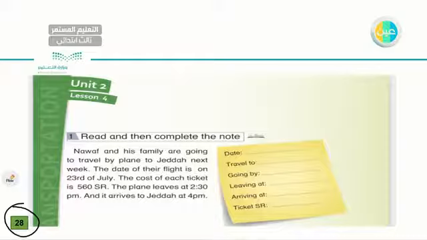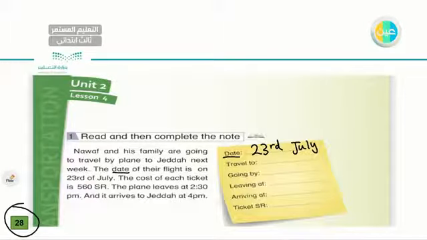Starting with the date. First, let's go and find the word date in our passage. Okay, where's date? This is the date. So the date of their flight is on 23rd of July. So now I have a date here, 23rd of July. This is number 1, the first information we get from the passage, the date.